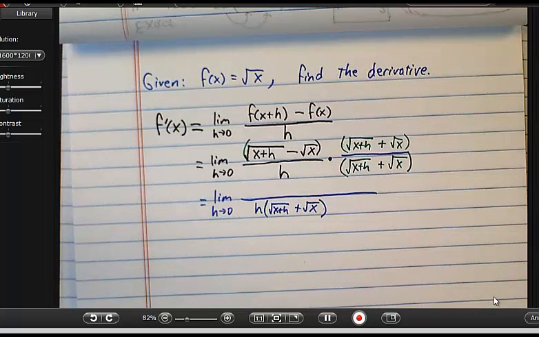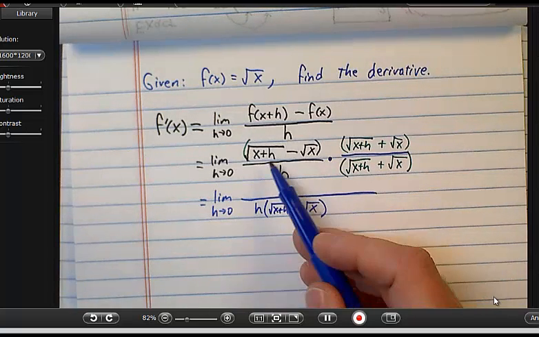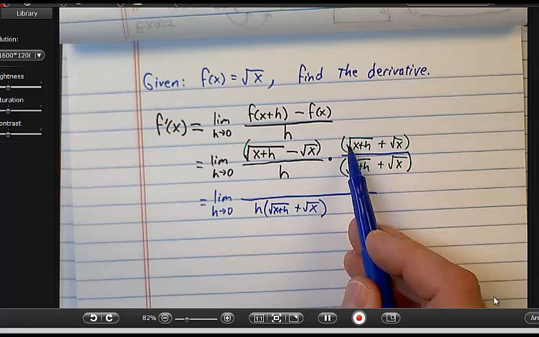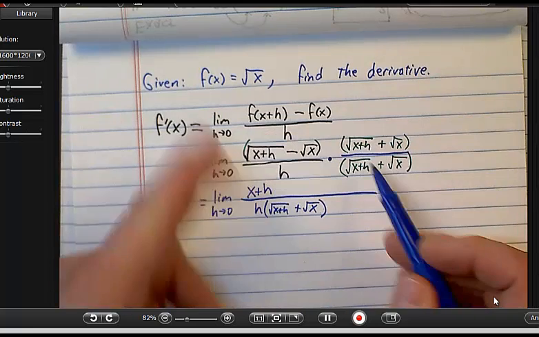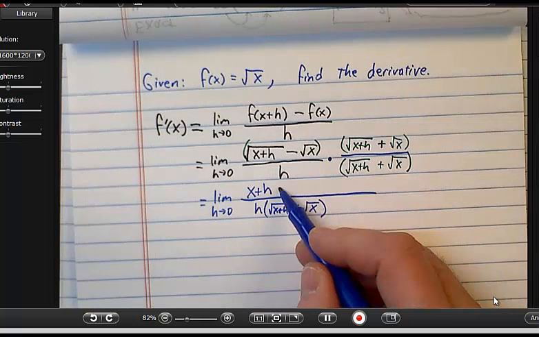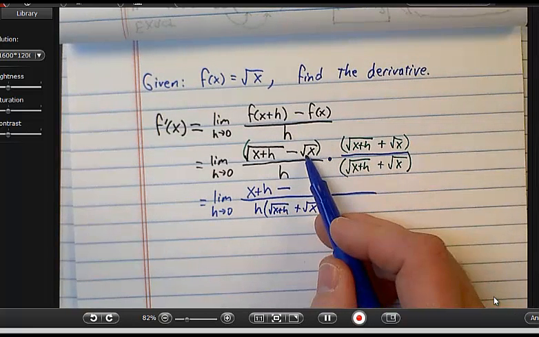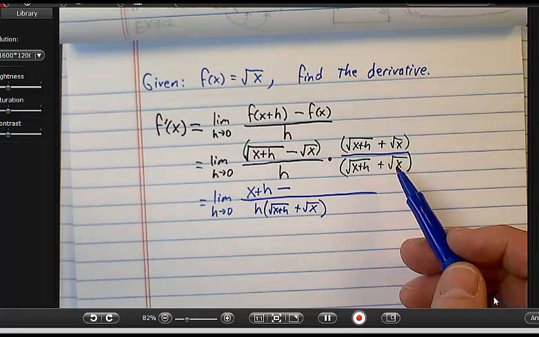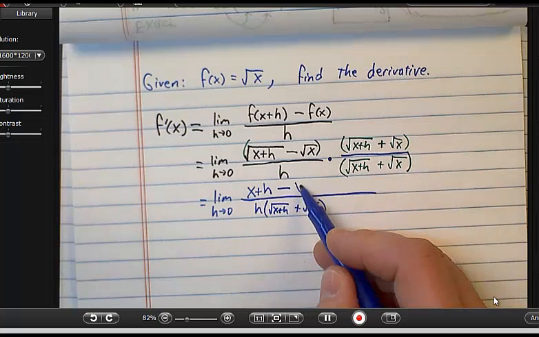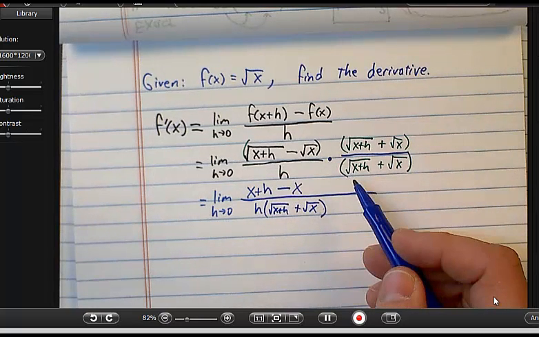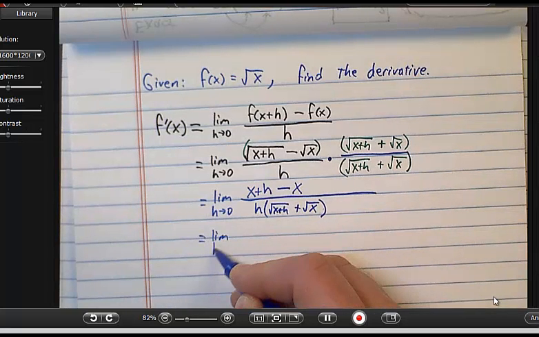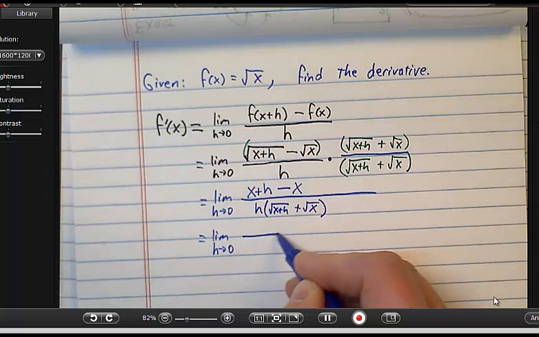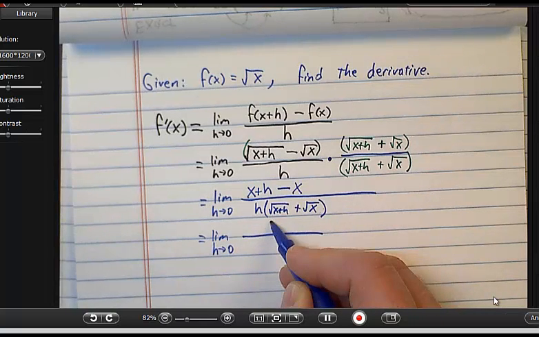We're going to get x plus h for sure, because the square roots go away. The outer and the inner cancel. And then we get minus, what's the square root of x times the square root of x going to be? It's just x. And that's a good thing. It's kind of like what happened last time. Limit as h approaches 0. The only thing left in the numerator is h.